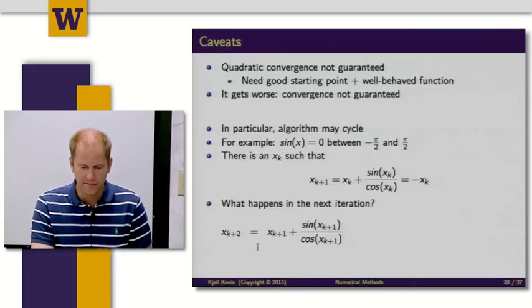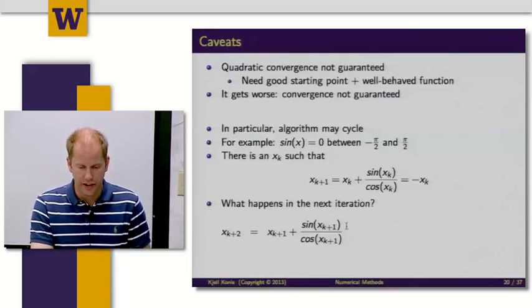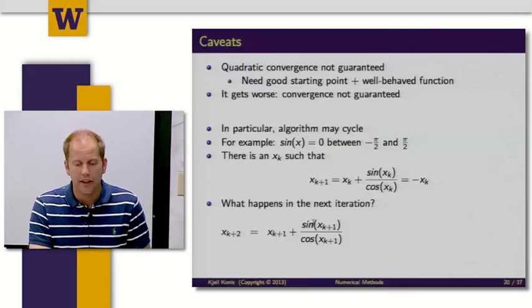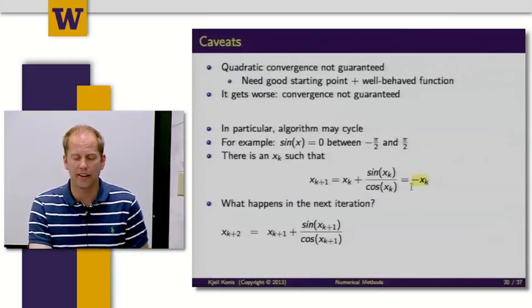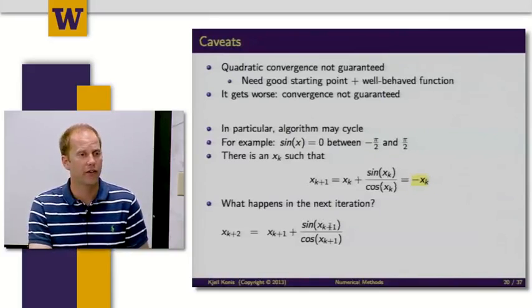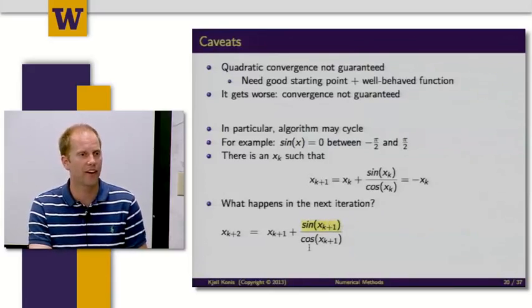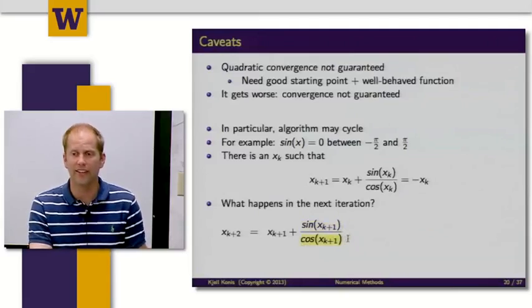And then what's going to happen is, when I plug in x sub k plus 1, that's exactly the same thing as plugging in minus x sub k. It's going to create a step. So the sine is going to flip signs because it's an odd function. But the cosine is going to just ignore the sign on the x sub k because it's an even function.